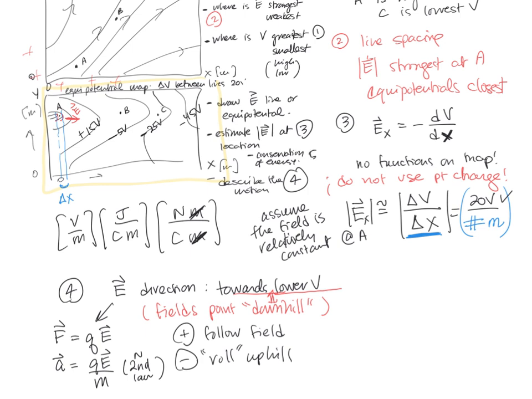Okay, conservation of energy. So we're going to write a standard sort of thing, U_i plus K_i equals U_f plus K_f, if we have to find a velocity and we know the starting and ending locations. But you have to remember, again, that these potential energies, you're going to write them as QV. You don't have a function for V. You're just going to read it off the map, or they're going to have to give it to you.